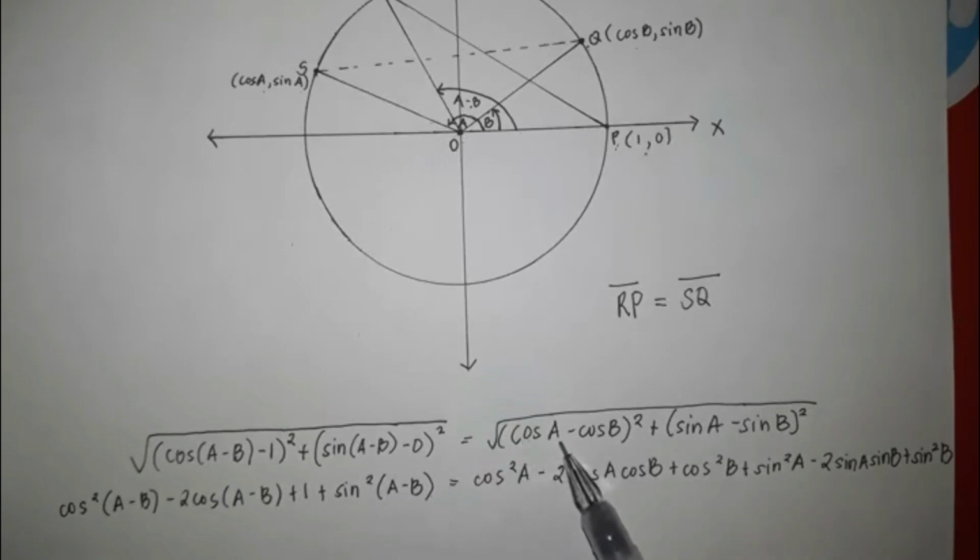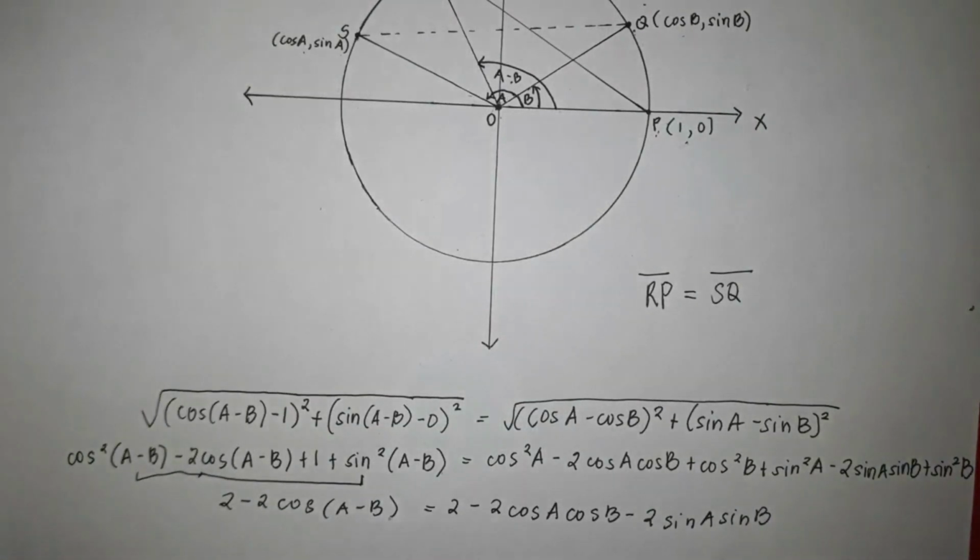Here, cosine A minus cosine B, squared is equal to cosine squared A minus 2 cosine A cosine B plus cosine squared B, and sine A minus sine B, squared is equal to sine squared A minus 2 sine A sine B plus sine squared B. So this is the result if you square the two.